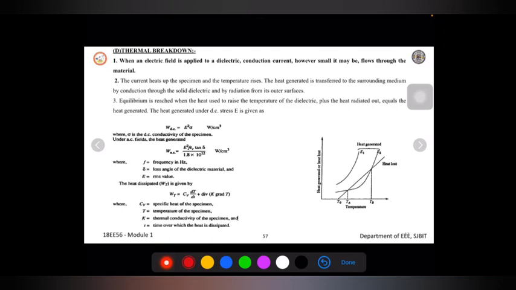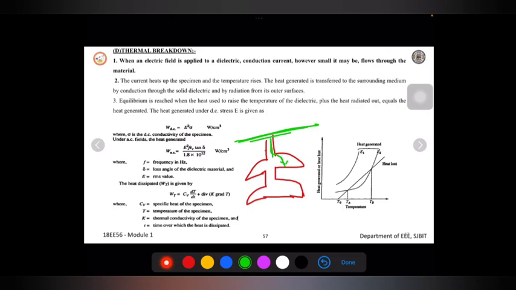If I take a pin type insulator, and any damage is present within it, a small amount of current may flow from the conductor to the insulating material.